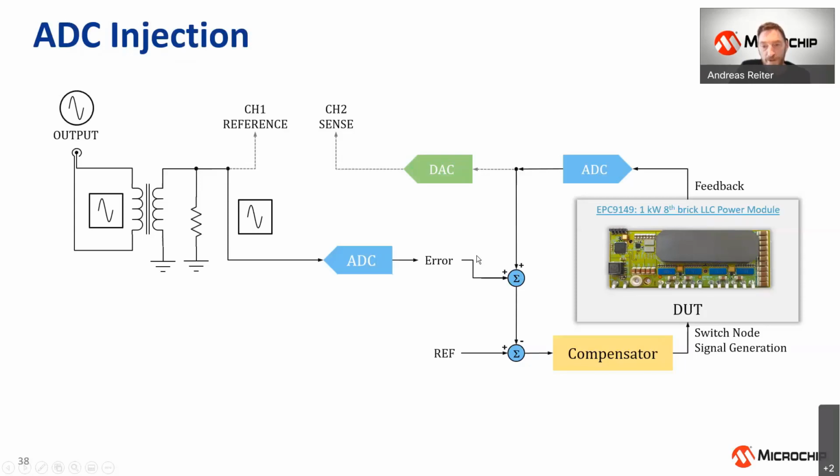So we have the ADC sampling time, the ADC conversion time, and we have a very minute computation step in between, which forms a zero order hold or some signal delay with which the error signal is getting injected into our internal signal path. The same is true when we read the feedback signal.